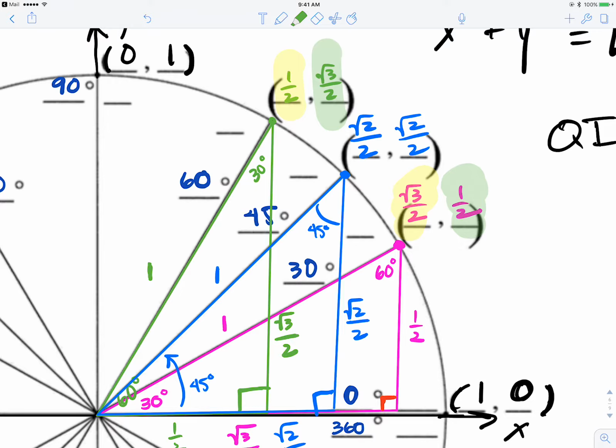So are we seeing how our unit circle is connected to sine and cosine? In the unit circle, cosine of theta corresponds to what? The x value. And in the unit circle, sine of theta corresponds to the y value.